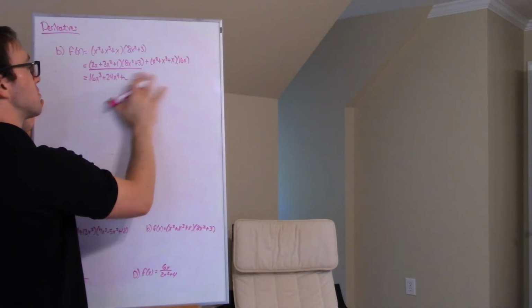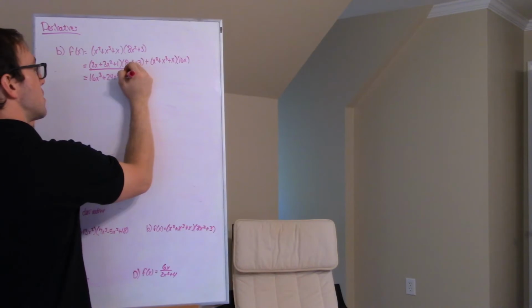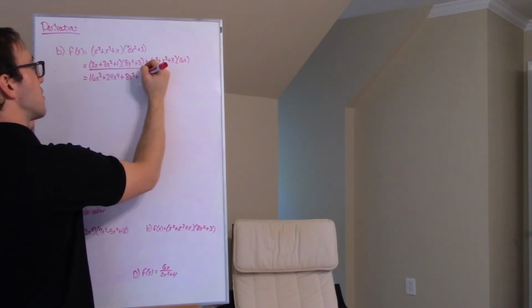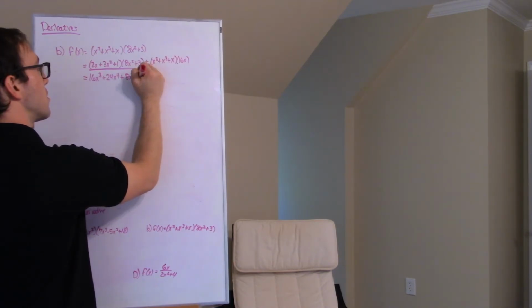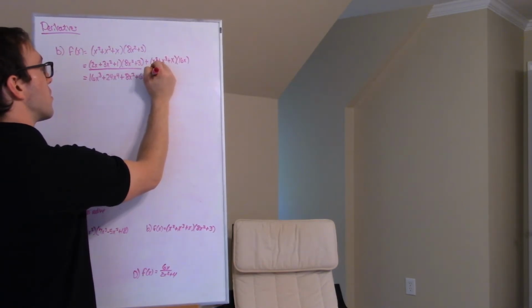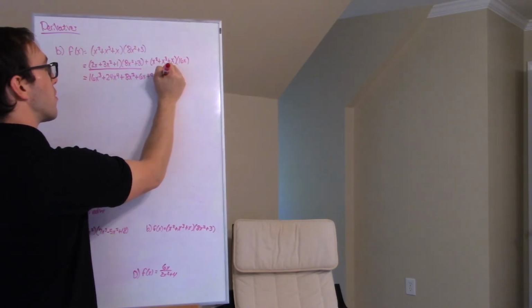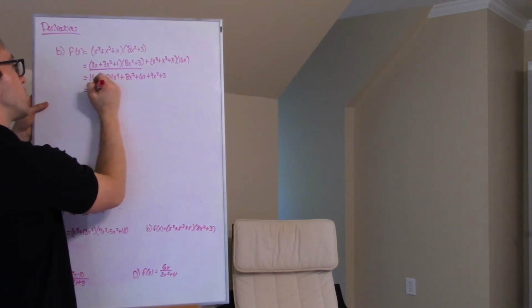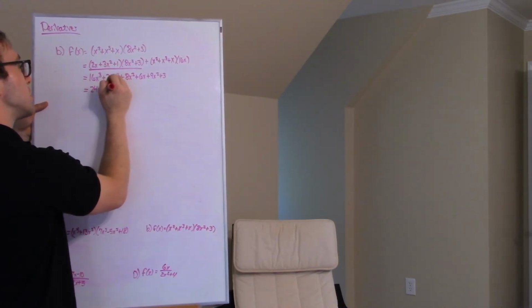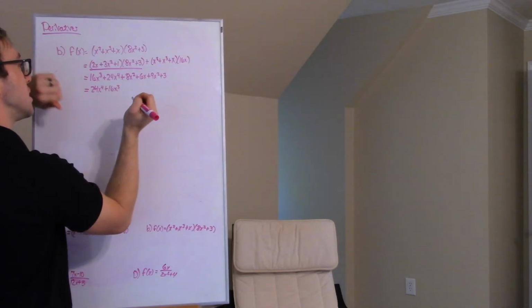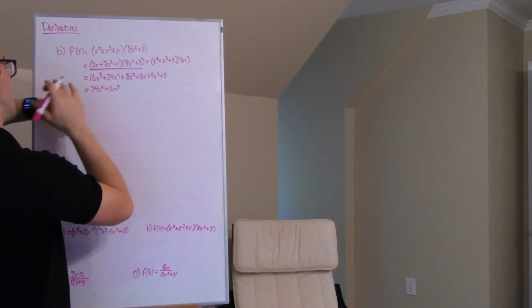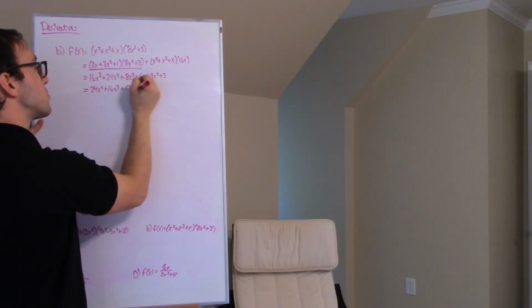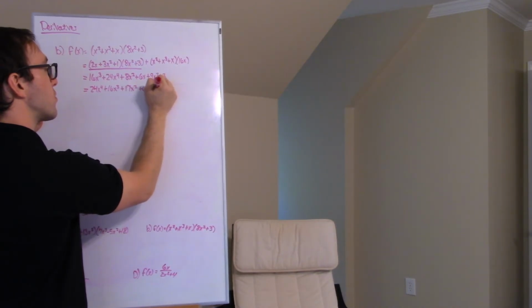Sorry, messed that up. And if you combine your like terms, you'll get 24x to the fourth plus 16x3 plus 17x squared plus 6x plus 3.